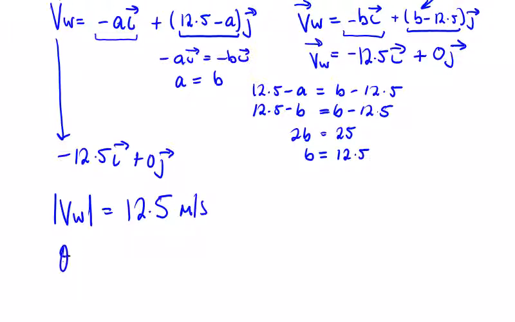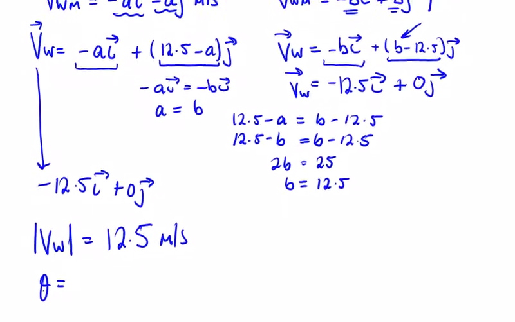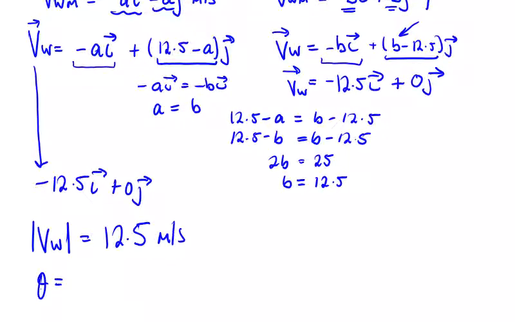We asked for the magnitude and direction of the velocity of the wind. There's no j component, just minus i, so the wind is coming in the minus i direction, so it's coming from the east, or you could say to the west.